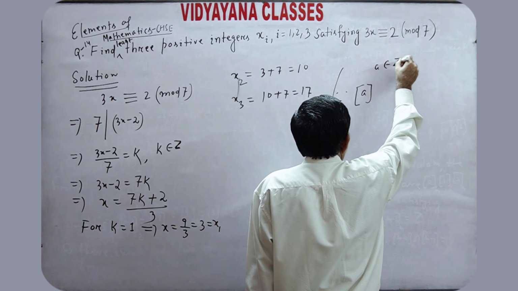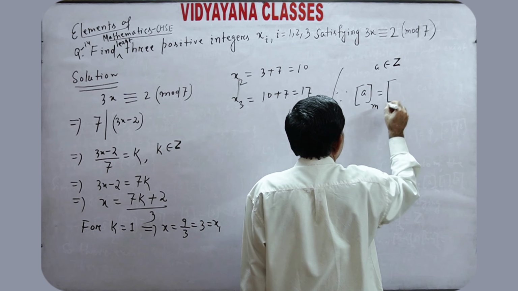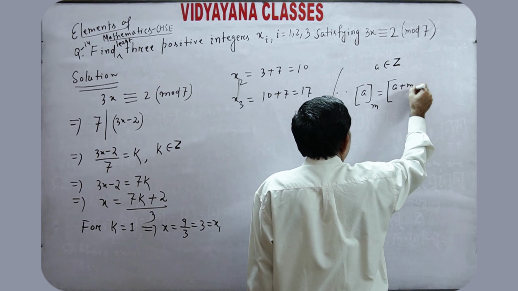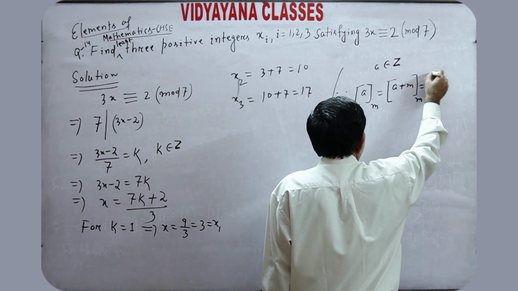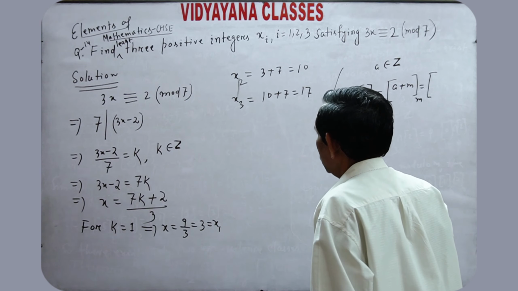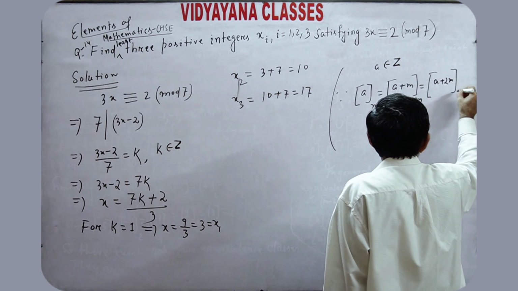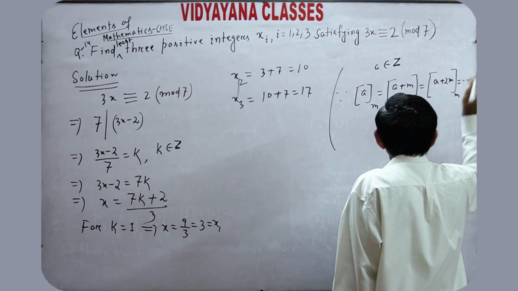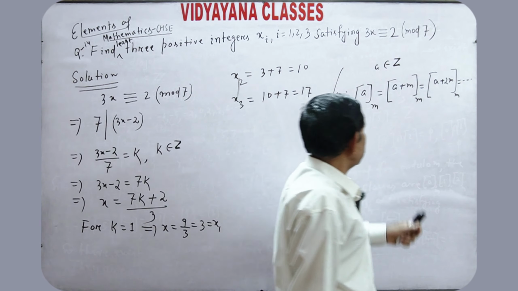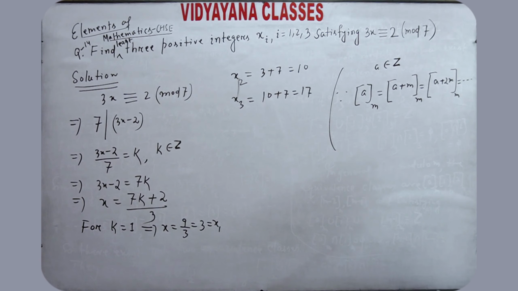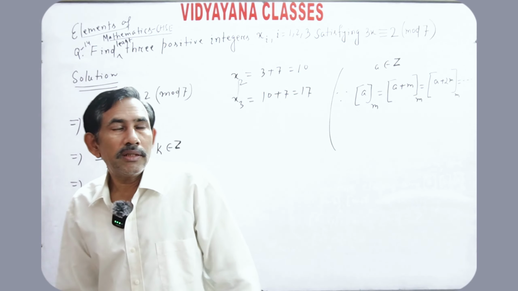A belongs to Z. Equivalent class of A modulo M is the same as equivalent class of A plus M modulo M, which is same as A plus 2M modulo M. Here, in the previous class, we have discussed two equivalent classes are identical to each other or disjoint to each other.